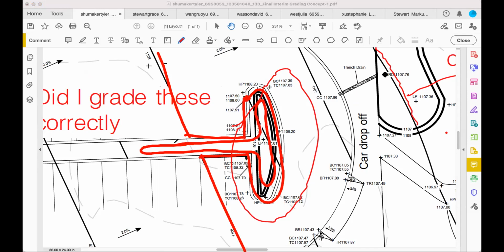You don't need a contour because the bottom is not below 7. If you want to make it a 107 contour, you can push LP down so that you can have an 07 contour. And then that makes it clear that you understand how to grade these. But you don't necessarily have to. Does that make sense?